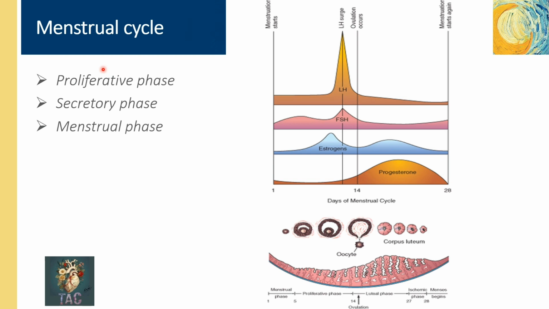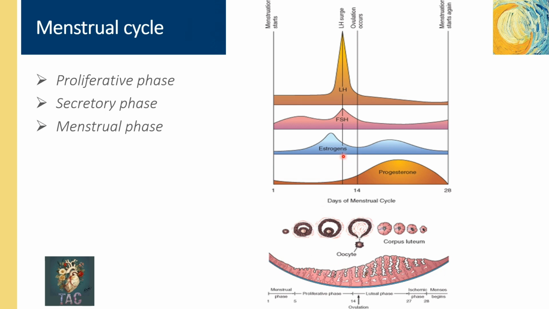Next important thing to understand is the menstrual cycle. You must understand there are two types of cycle. One is the ovarian cycle and the other is the menstrual cycle. In the ovarian cycle we have studied two phases: one is the proliferative phase and the other is the luteal phase. At the same time there are changes in the endometrium of the uterus, and it shows the menstrual cycle.